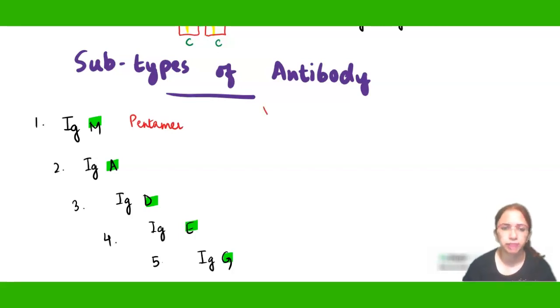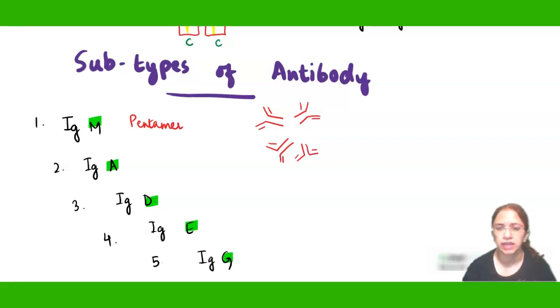So let's make its structure. This is our antibody 1. This is our antibody 2, okay? This is our antibody 3. This is our antibody 4.